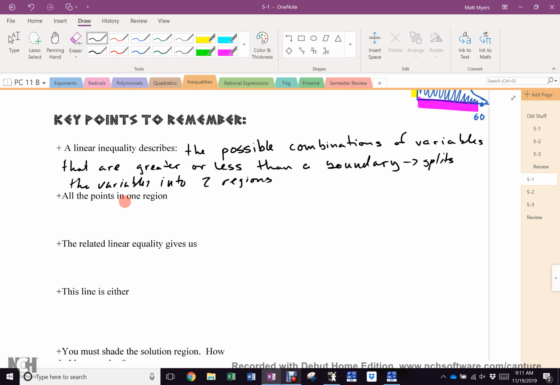Right. All the points in one region satisfy, and the word you guys use there is work when subbed in. All the points in one region satisfy the inequality.